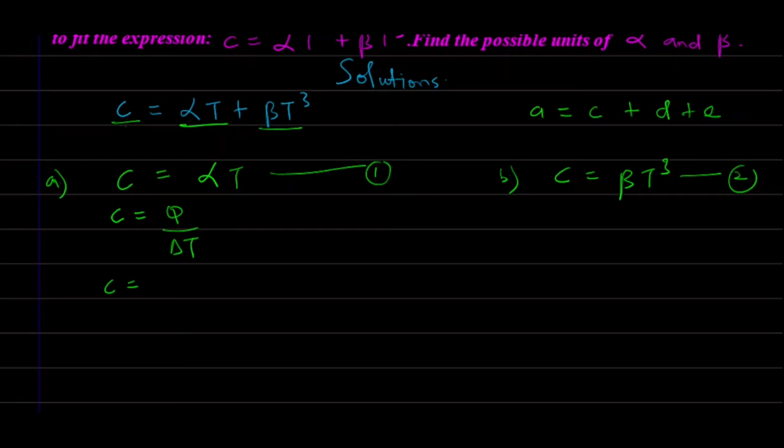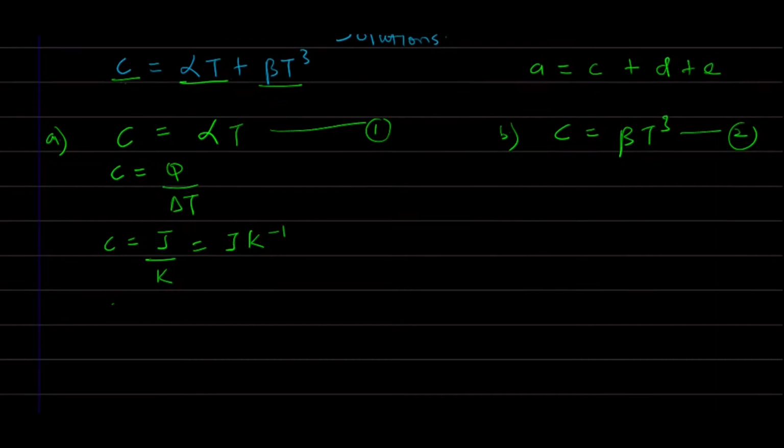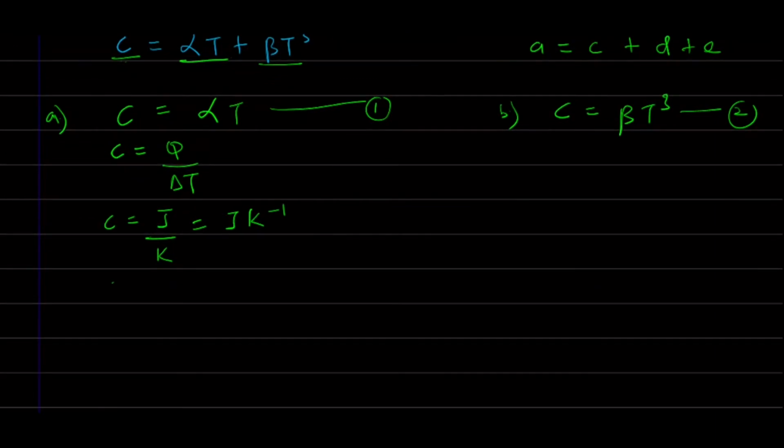The unit of heat energy is joule, while the unit of temperature is Kelvin or degrees Celsius. In that case, we can write it as joule per Kelvin. This is the unit of heat capacity. Now, what is the unit of temperature? The unit of temperature is Kelvin. We know that.